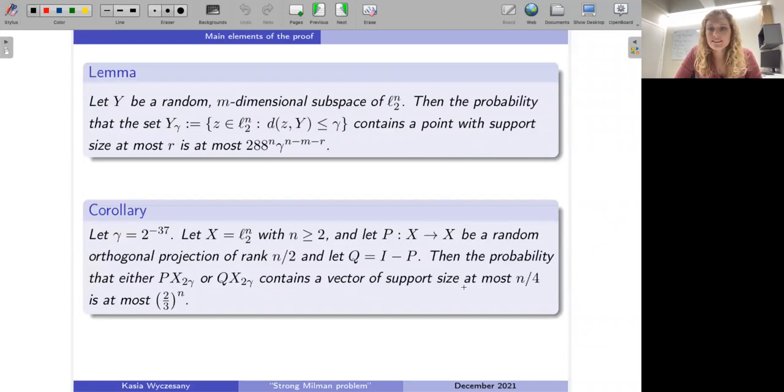So what I wrote here is actually that the probability that either of those 2 gamma extensions of Px and Qx contains a vector of support size at most n over 4 is very small as n goes to infinity. And this is important to us because we'll be using it to obtain contradictions at next stages.